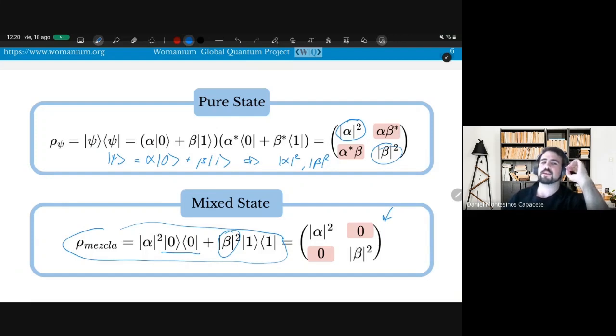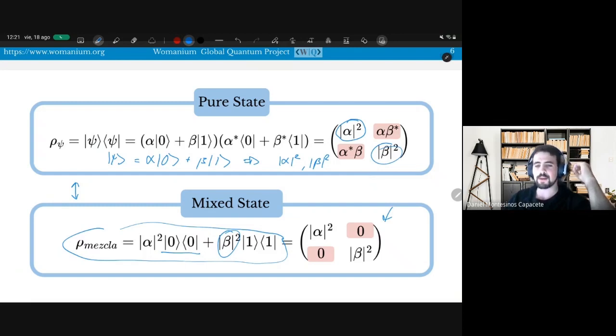Here we have an important detail. These two matrices describe for sure different states, because the density matrices are not the same.